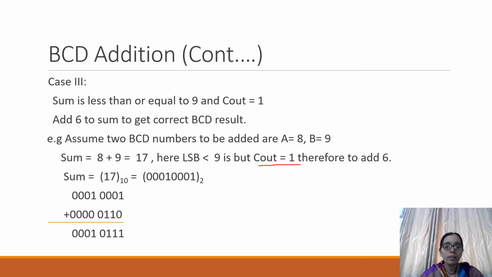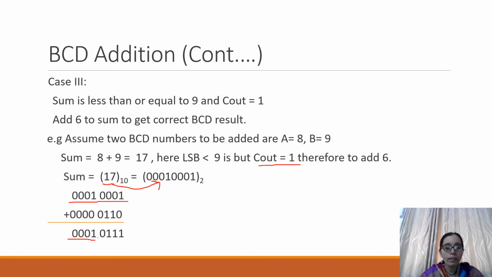So I have represented here sum as 17 in decimal and here in binary. So here again 8-bit representation is used to represent the sum. Here 17 plus 6, that is 1 plus 0 is 1, 0 plus 1 is 1, 0 plus 1 is 1, 0 plus 0 is 0, 1 as 1 and remaining 0 0.